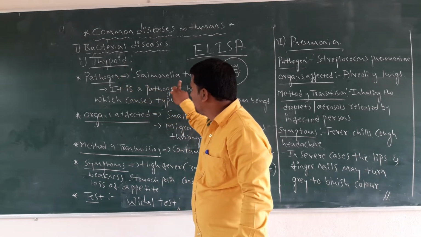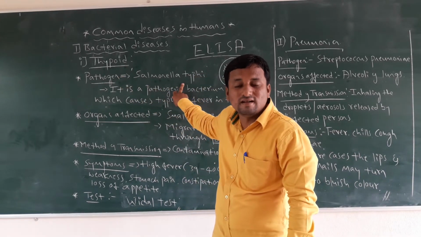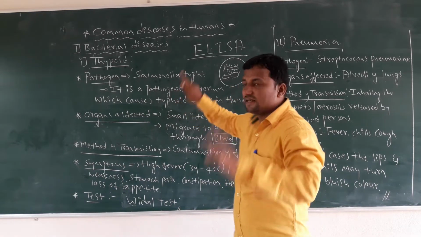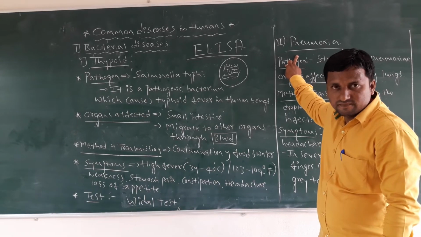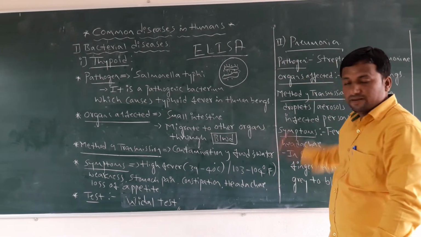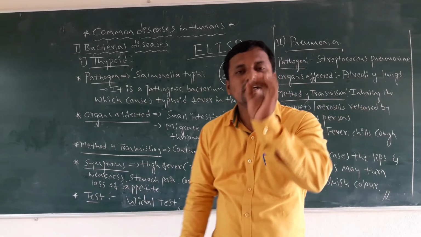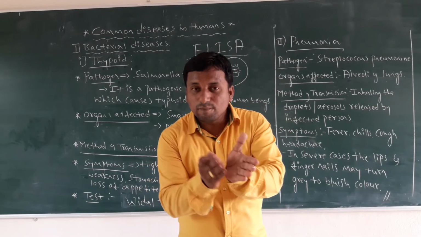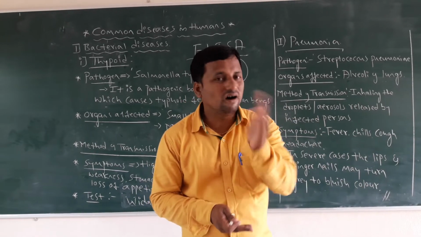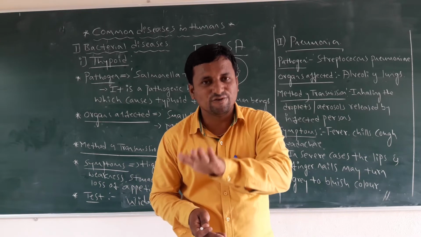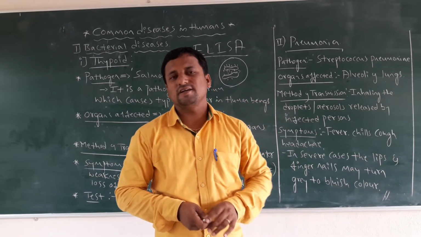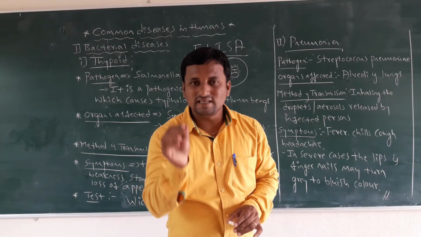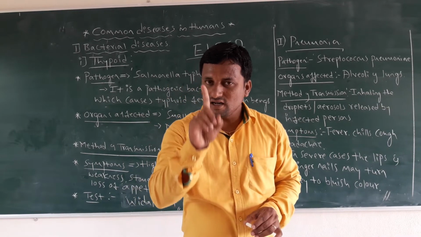You must remember: Salmonella typhi. Like that, they will ask the causative agent of pneumonia. You must remember Streptococcus pneumoniae, or Diplococcus pneumoniae, or Haemophilus influenzae. These pathogen names they ask at NEET and CET level, or as 1 mark questions.